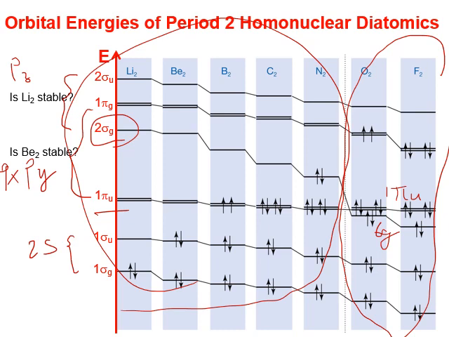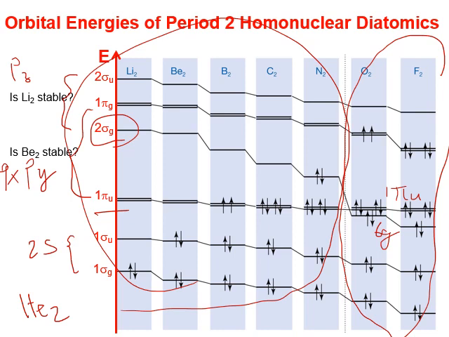Now, these energy diagrams are very important when we explain the molecular properties. We already explained why the helium molecule does not form: it's more unstable than the helium atom itself.